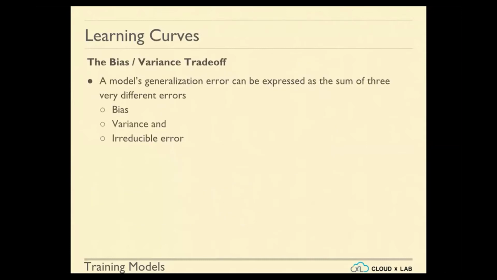So the model's generalization error can be expressed as a sum of three different errors. One is the error you're getting because of bias, maybe because of variance. Variance is in overfitting, bias means underfitting. So it may be because of underfitting, overfitting, or irreducible error.